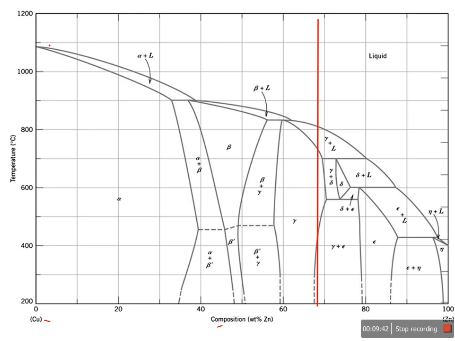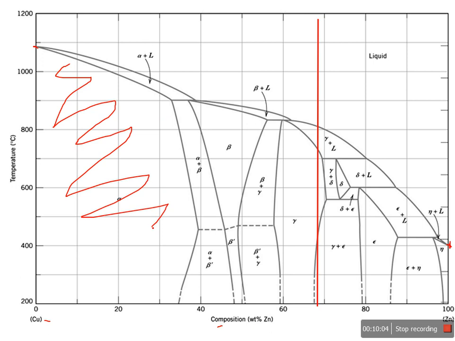Melting point of pure copper is about up here, 1090 degrees centigrade about. Melting point of pure zinc is down here. Always can read that off. You notice the solubility of zinc in copper is very high. You can see all of this region here is the single alpha region.